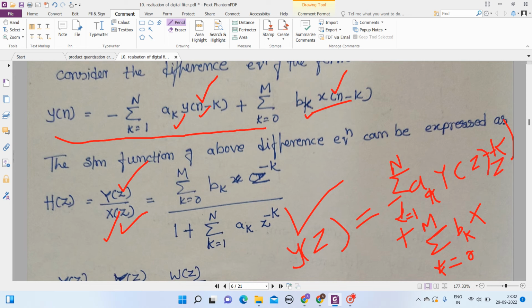This is the z transform representation, x of z, z to the power of minus k.